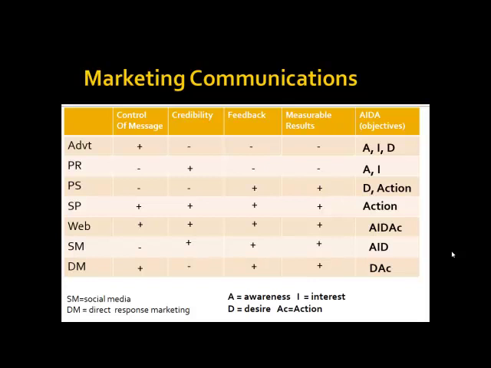Social media is good for awareness, right? See what other people are using, what influencers are using, saying is popular, all that kind of stuff. Interest and desire. Not that great at action. For instance, Instagram is really, really popular, especially with younger people, millennials, Generation Z, as you guys know.